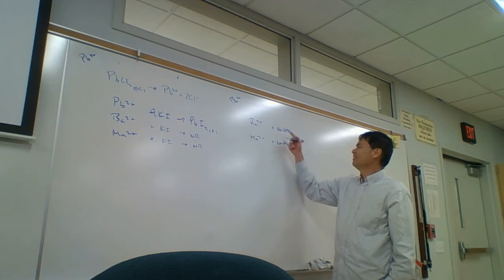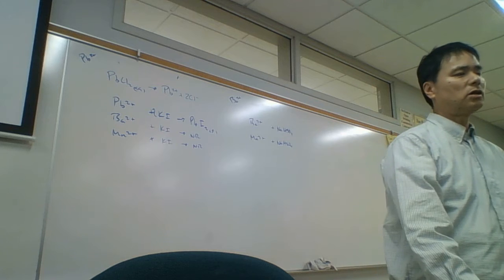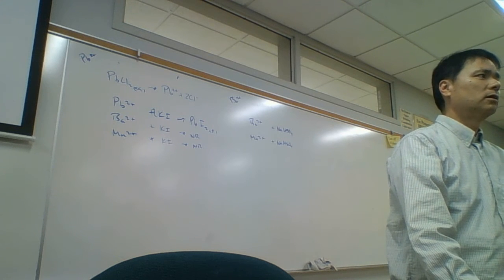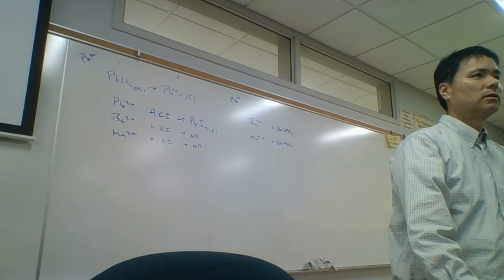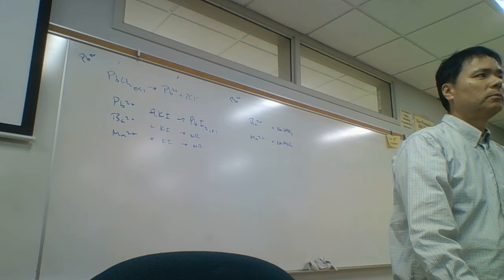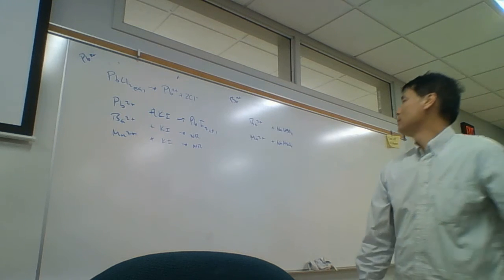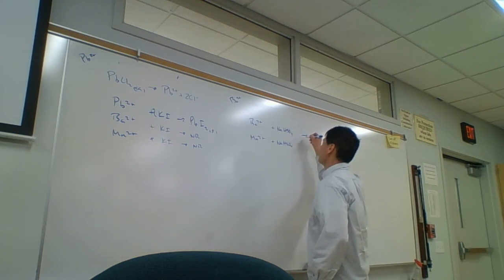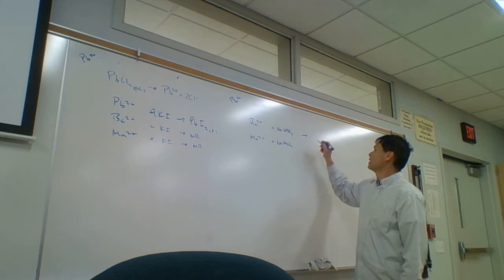Well, what about sulfates? Just sulfates in general. Sulfates are all soluble except for silver, lead, mercury, calcium, strontium, barium. And so barium sulfate is insoluble. So what's going to happen is barium ions are going to knock the hydrogen off that sulfate.